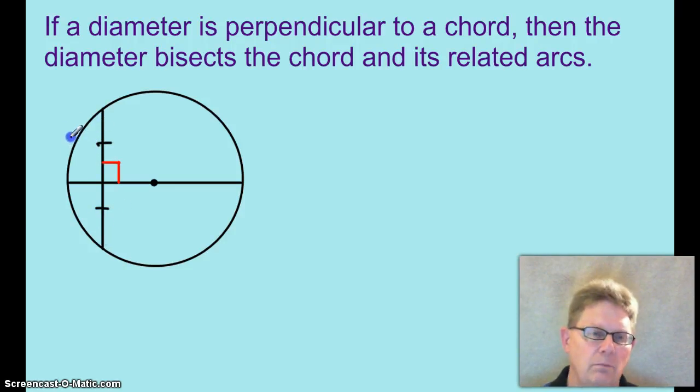It's going to bisect this minor arc here. It's going to bisect that chord right here, and it's going to also bisect this major arc here, so that is going to be congruent to that.